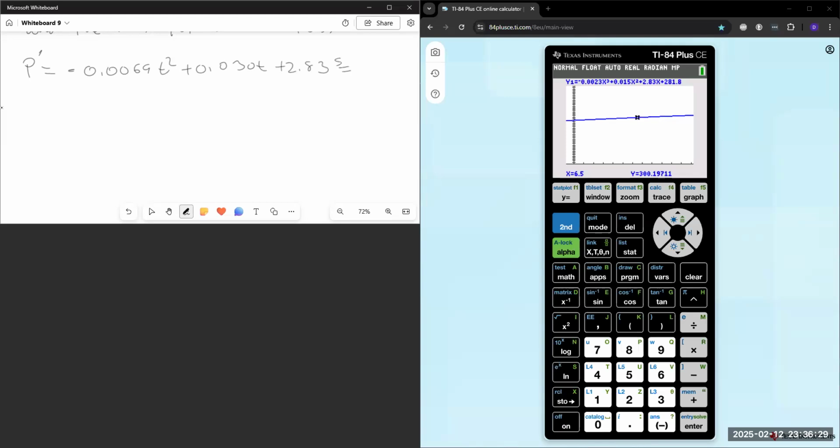We're going to set that equal to 0, and we have a really nasty quadratic equation here, where this is A, B, and C. I'm only interested in t values that are positive here.